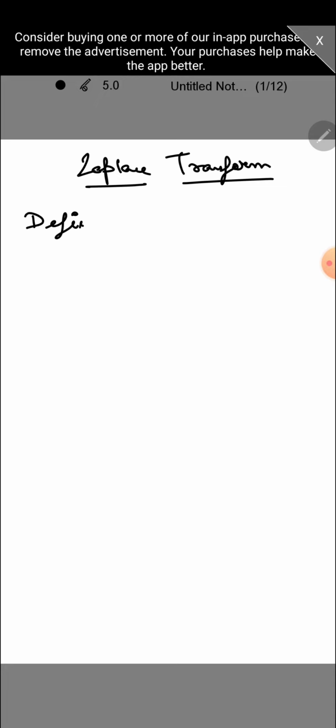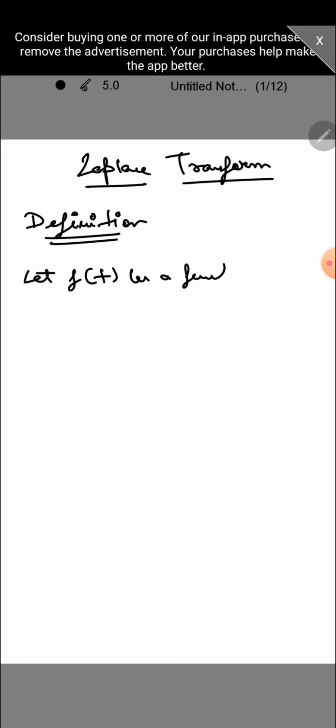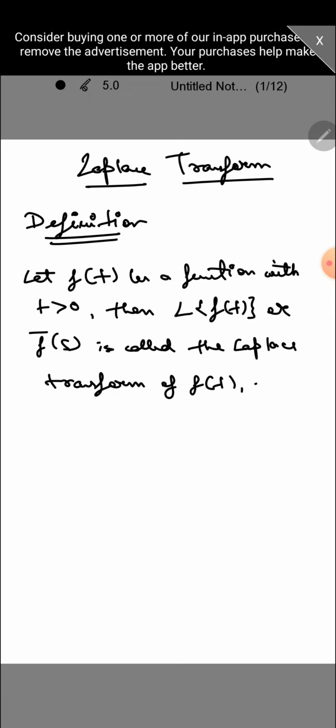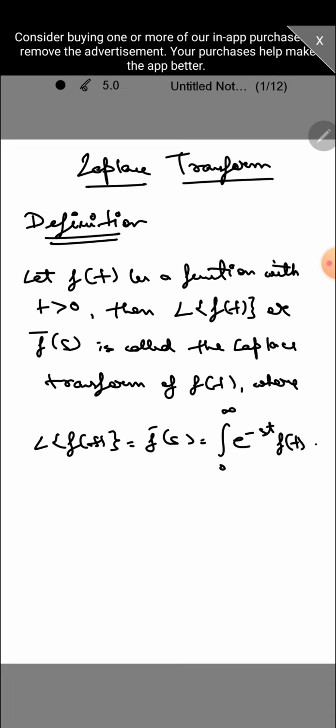So definition. The definition says: let f of t be a function with t greater than 0, then L of f(t), or f bar s, is called the Laplace transform of f(t), where the mathematical expression is given as integration 0 to infinity e to the power minus st f(t) dt.